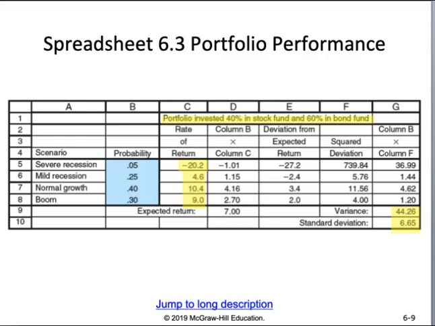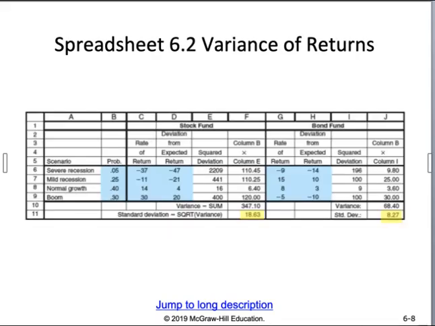So you can see that the standard deviation of a 40% stock fund plus a 60% bond fund to get the 100% is 6.65, which is lower than the standard deviation of either the stock fund, right here, or the bond fund. So the bond fund had a standard deviation of 8.27.